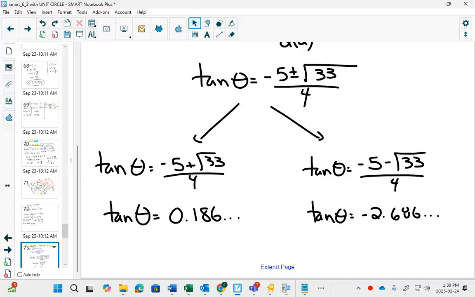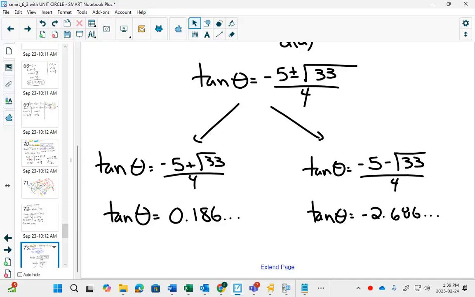Okay? Obviously, these values are not on your unit circle. That's never your tangent value. So we have to solve it the same way we would solve in grade 11. Find a reference angle, then think of our CAST rule, and write our solution.